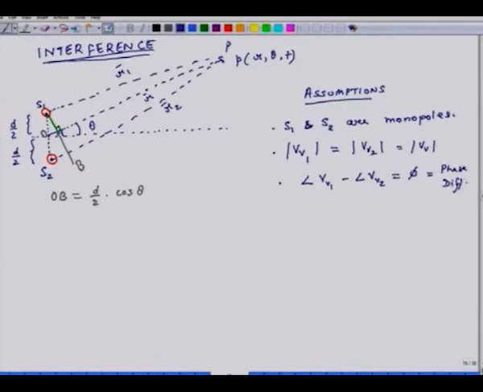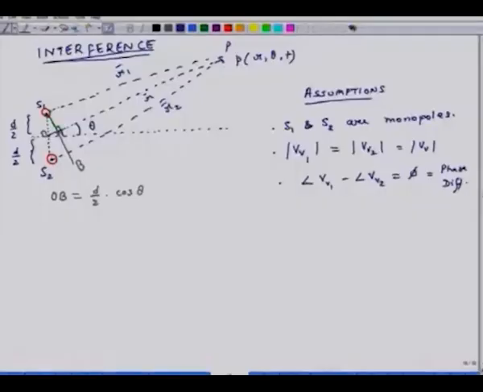Once again I will restate the problem. I have two sound sources S1 and S2. In terms of size they approximate monopoles. They generate sound waves, and because of these sound waves an interference pattern is generated at point P, which is located at a distance r from the origin, and which is also at an angle theta with respect to the origin.